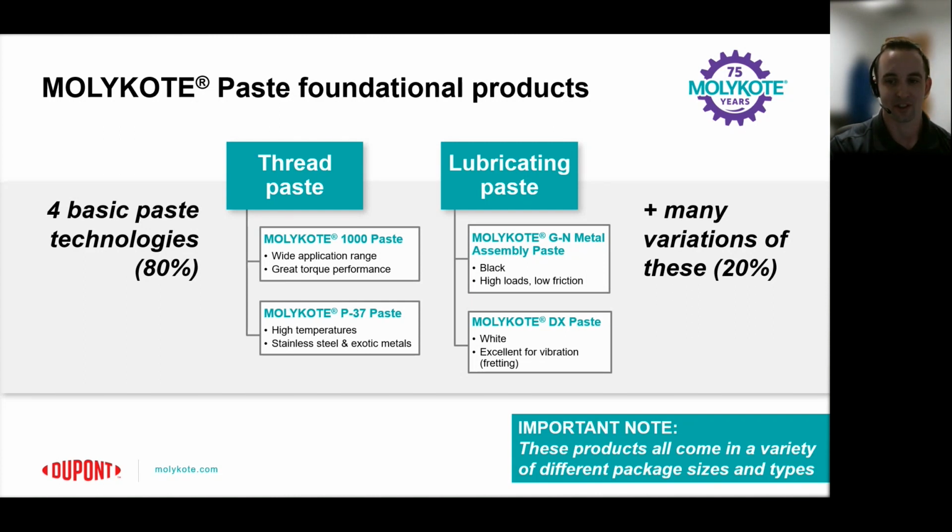So for the other 20% of applications, we can reach into our robust portfolio and find a good fit for your specific application. It's also worth noting that our products all come in a variety of different package sizes to meet your needs. We have drums, cans, tubes, aerosol sprays, really a size for everything.